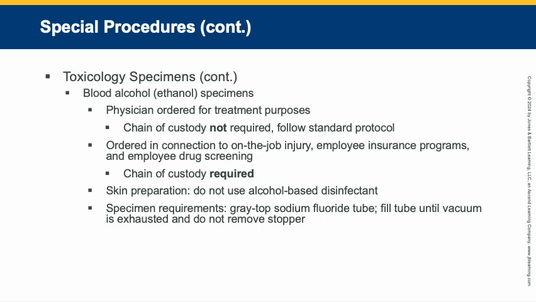What you are going to use instead is what they call BZK, which is benzalkonium chloride, and sometimes you can use povidone iodine, because those two don't have alcohol in them.